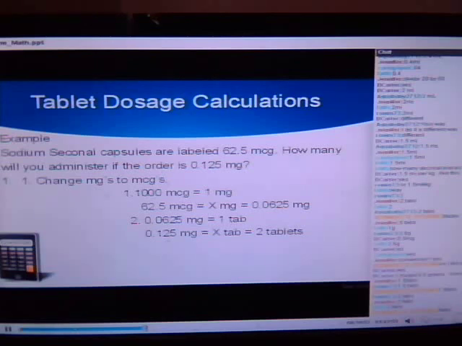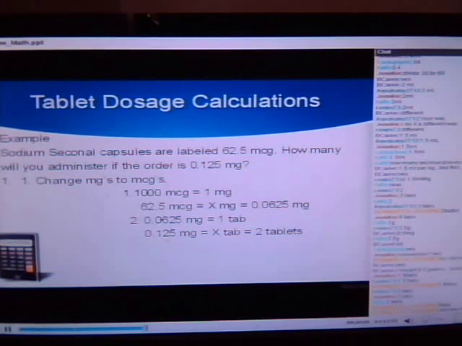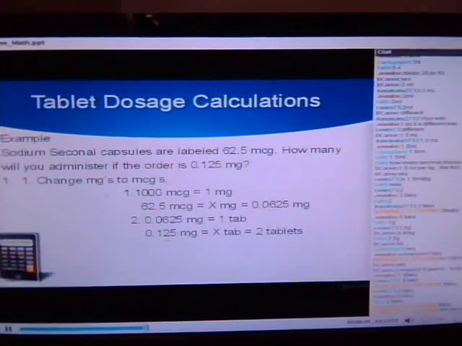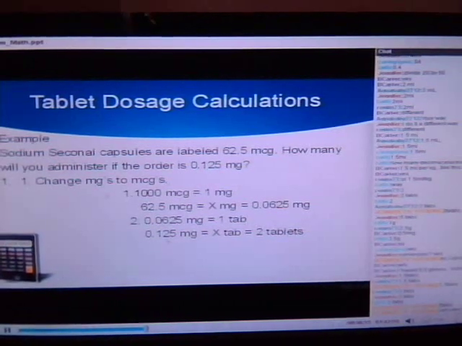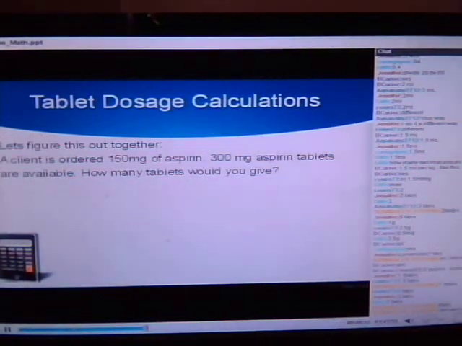All right, let's figure this one out together. I'm giving milligrams. We're looking for tabs.